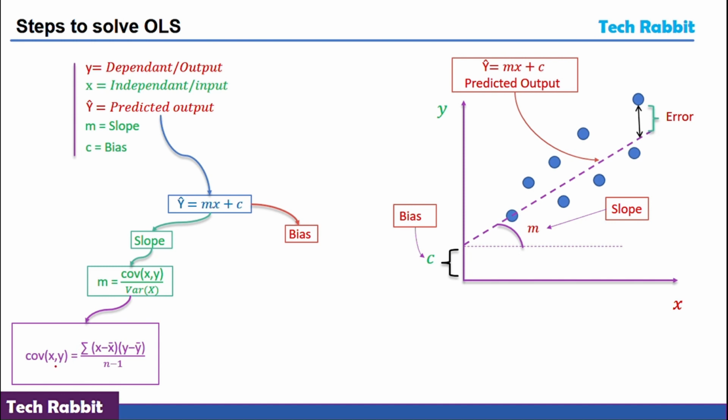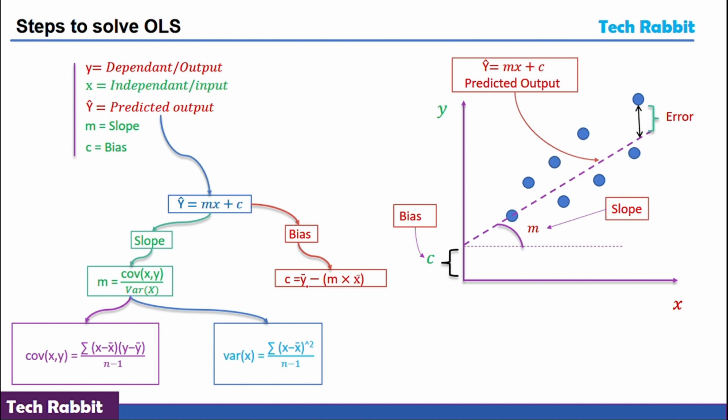Covariance is the summation of (x minus x bar) times (y minus y bar) divided by n minus 1. Similarly, variance of x is the summation of (x minus x bar) squared divided by n minus 1. Similarly for variance of y, it is (y minus y bar) squared divided by n minus 1. And the equation for the bias is c equal to y bar minus m times x bar. Here y bar and x bar are both average values.